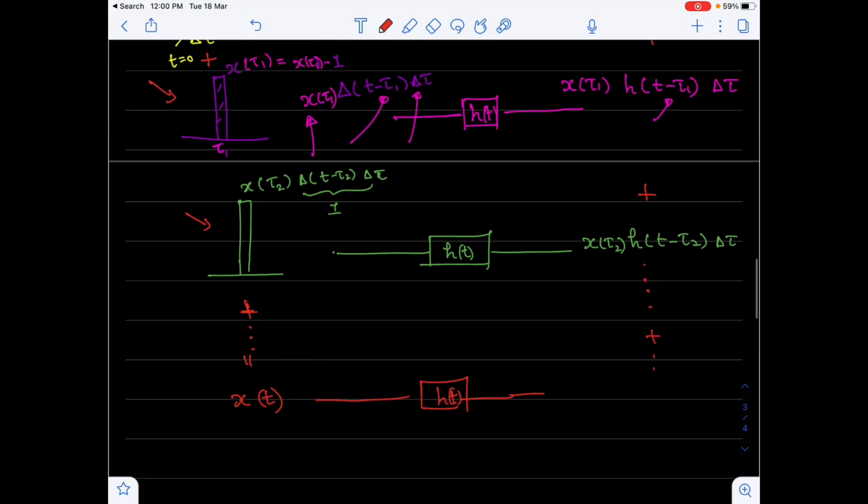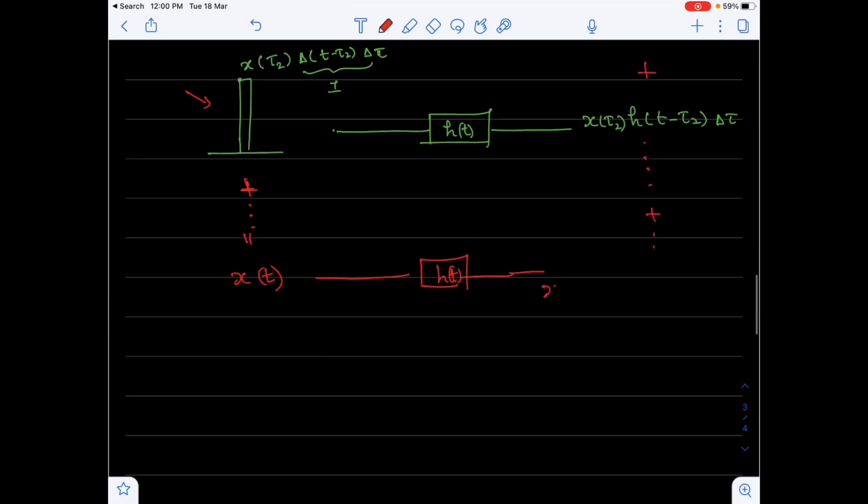That means x(0) into h(0) into delta tau, plus x(tau 1) into h(t minus tau 1) into delta tau, plus x(tau 2) into h(t minus tau 2) into delta tau, plus so on.